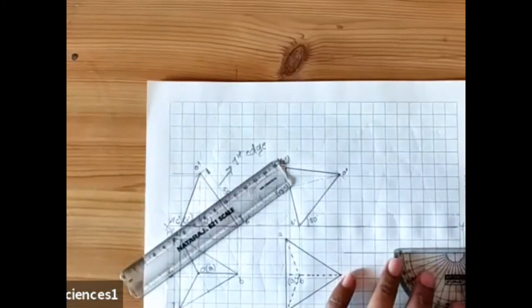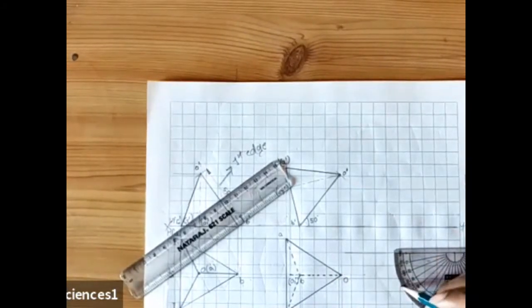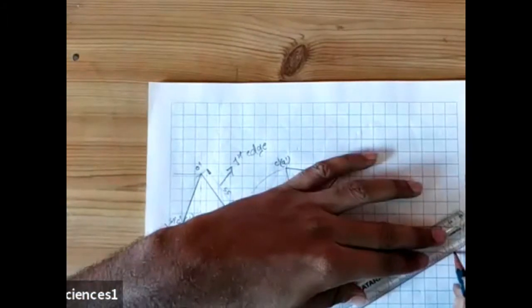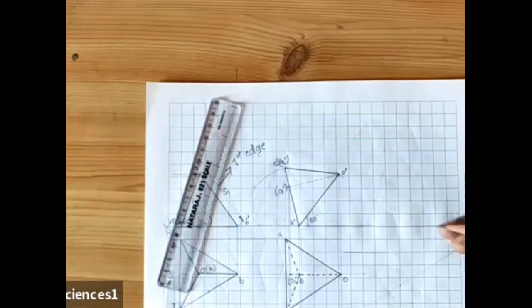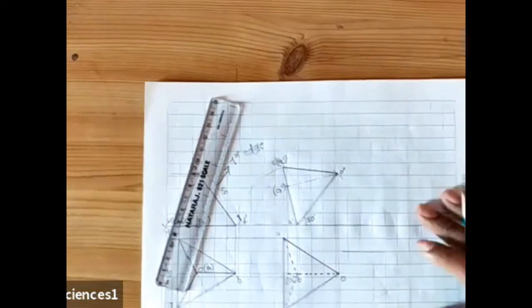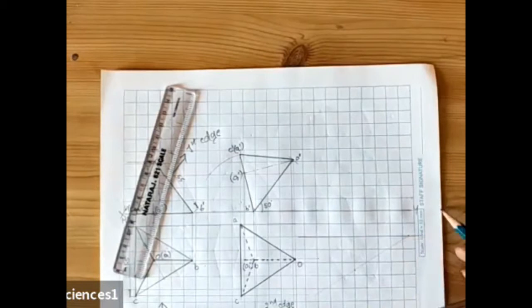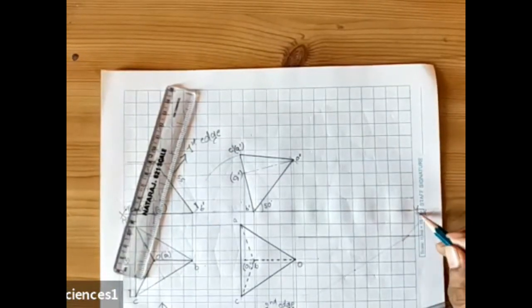From this point, you measure and take 30 degrees. So what I've done is, instead of drawing the 30 degrees from here, I've just pushed it below by taking another X1Y1 line here. So when you extend this back, here you'll be getting 30 degrees only.